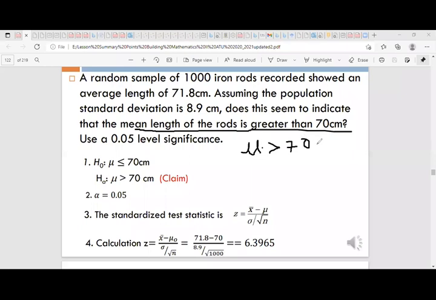Okay, good. That is what we've been asked to investigate. Does this seem to indicate that the mean length of rods is greater than 70 centimeters? So this is what we are investigating.